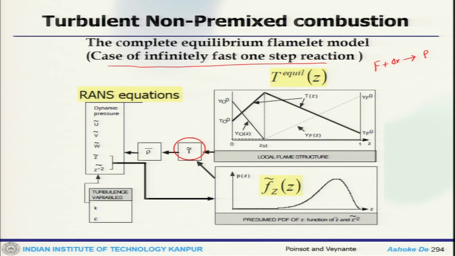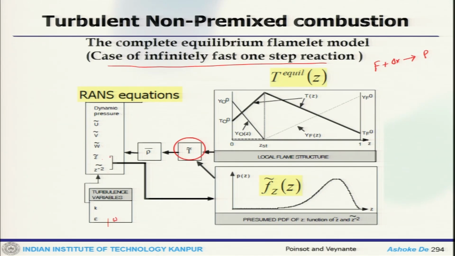In the Eulerian framework, you solve pressure, velocity components, mixture fraction and variance, which is also in connection with your turbulence variables, whether k, epsilon, omega. All these mean flow fields you solve in the Eulerian field.